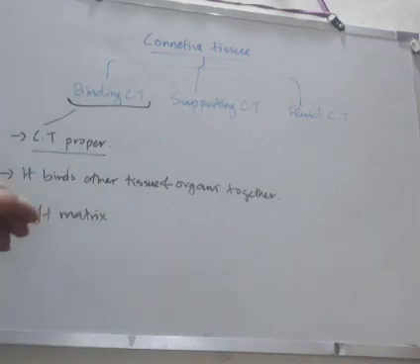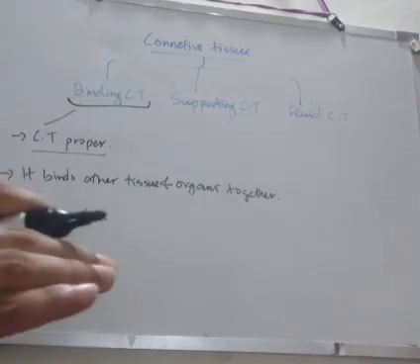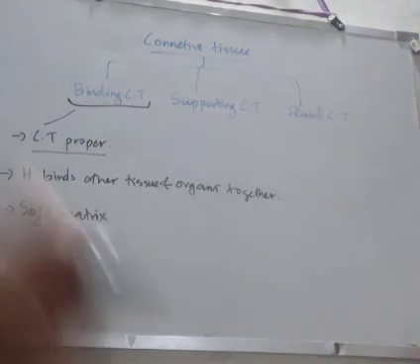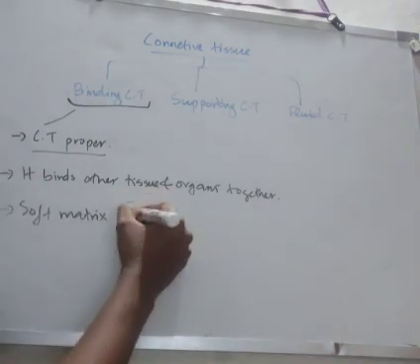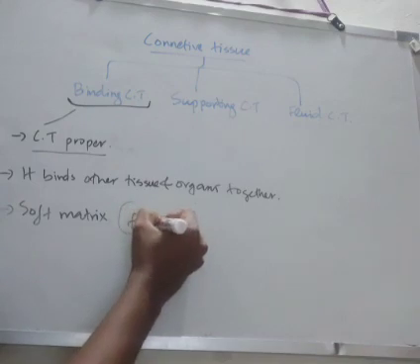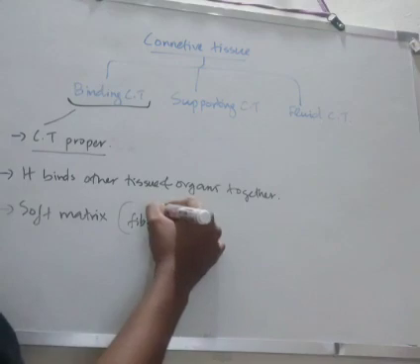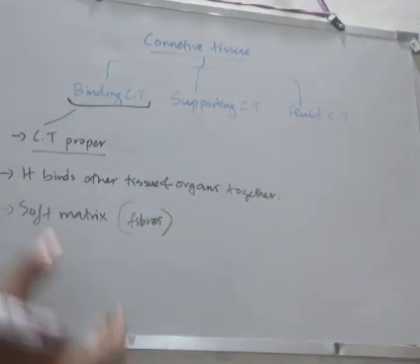The soft matrix is transversed by fibers, or composed of fibers, either singly or in bundles.